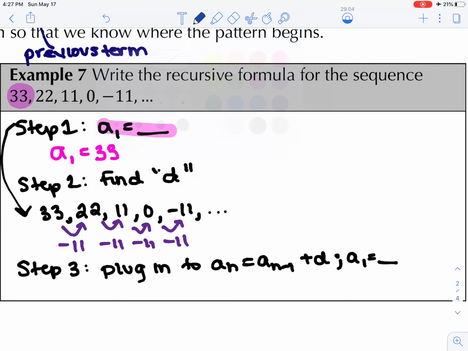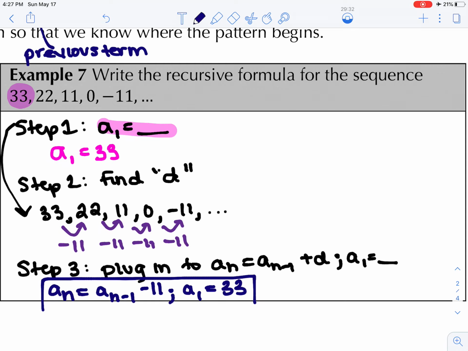So our final answer is that our recursive definition is a sub n equals a sub n minus 1, and then outside of the subscript, this is a whole value that's being added, or I'm sorry, subtracted from every single term: minus 11. And again, we want to say that this is starting with a sub 1 equals 33.